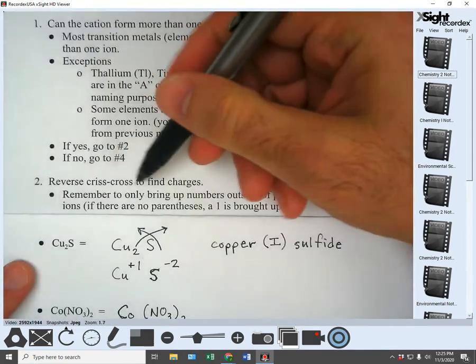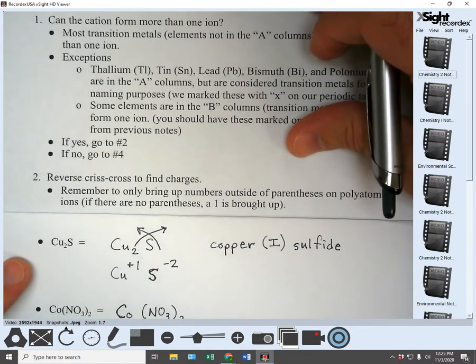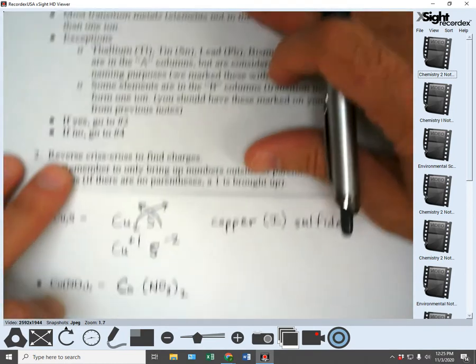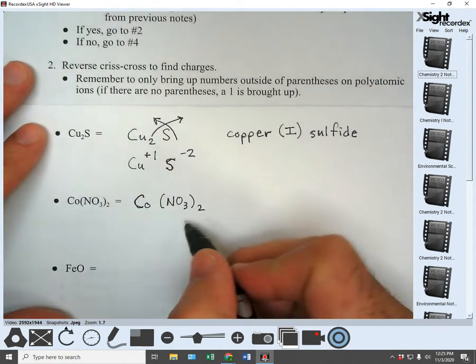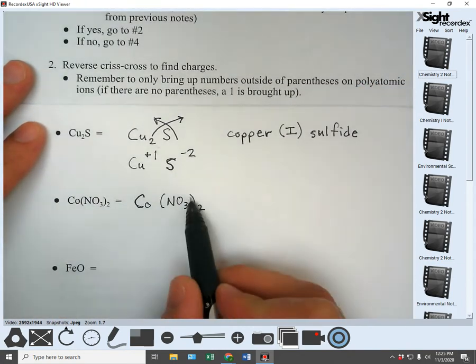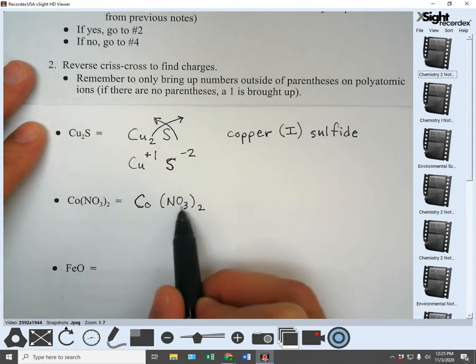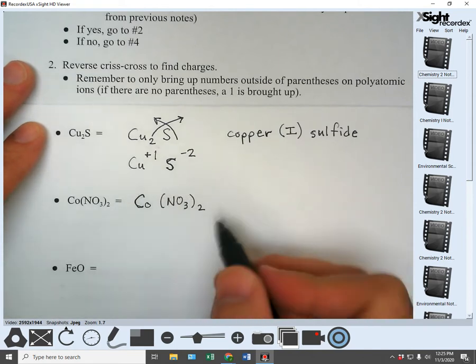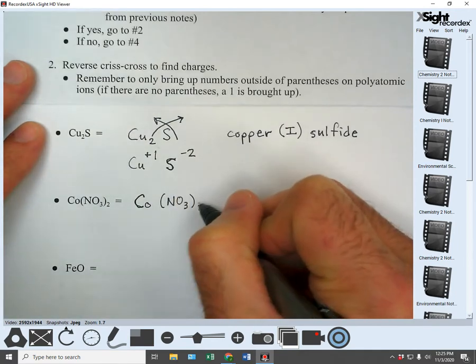Remember to only bring up numbers outside of parentheses on polyatomic ions. All right, when we're reversing, the NO3 was one thing. That's a polyatomic. That all stayed together, so you can't undo any of that. So you're only bringing up numbers outside of parentheses on a polyatomic.